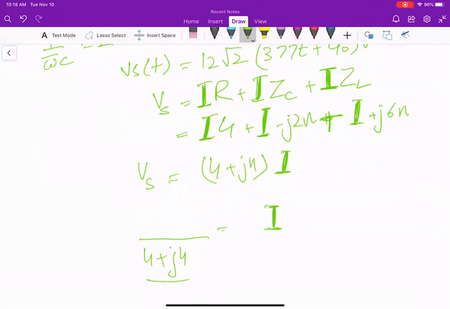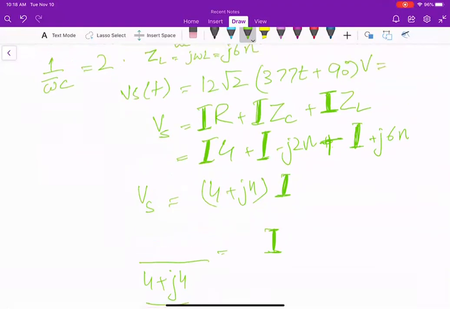But I know what is the phasor form of Vs. (12√2) times 377t plus 90. Yes, that is the time domain form. This is called a time domain or sinusoidal form. But what is the phasor form?